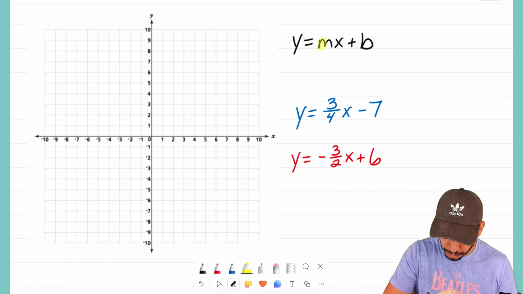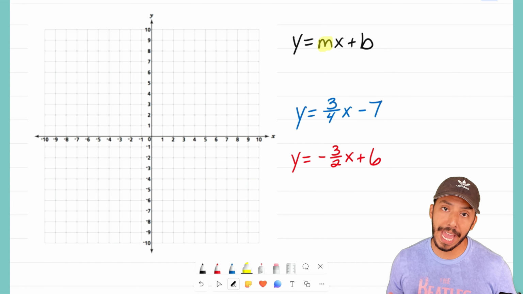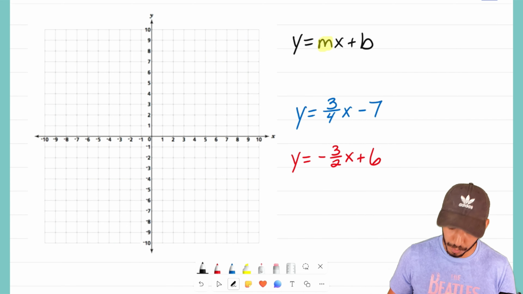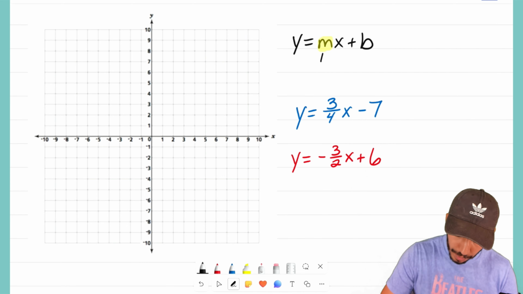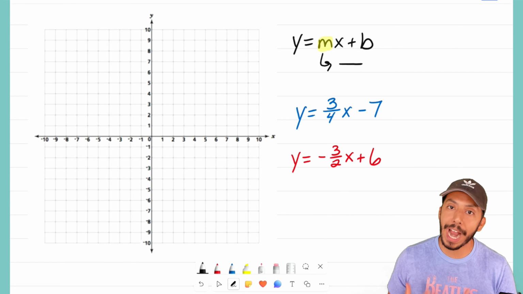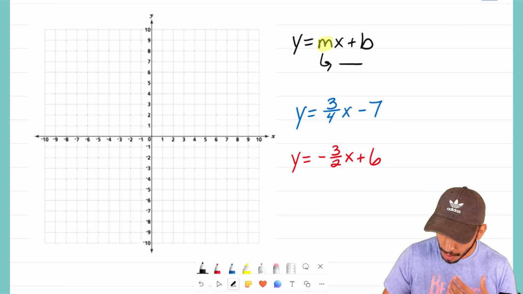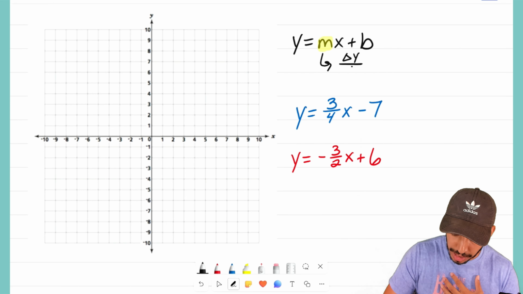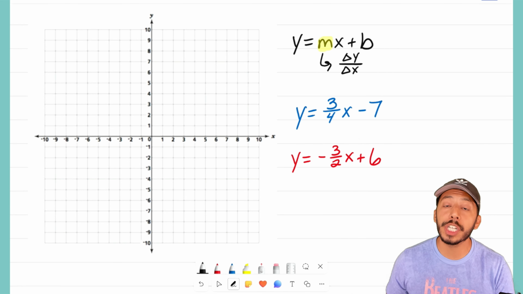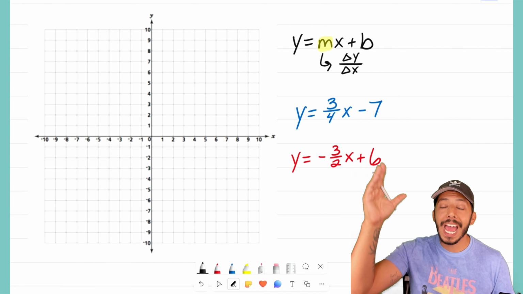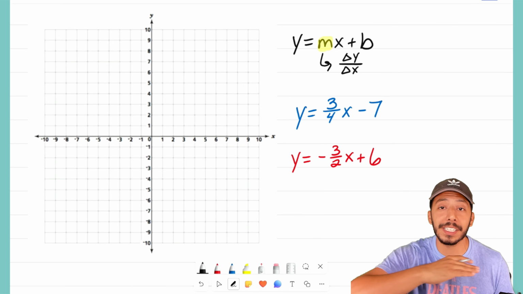Now, the m term, the number that's attached to the x, we sometimes call it the coefficient, that represents our slope. And the slope is always going to be represented as a fraction for us. I know sometimes you might hear rise over run, but I like to think of it as the change in y over the change in x. How am I changing in the y direction? And then how am I changing in the x direction?